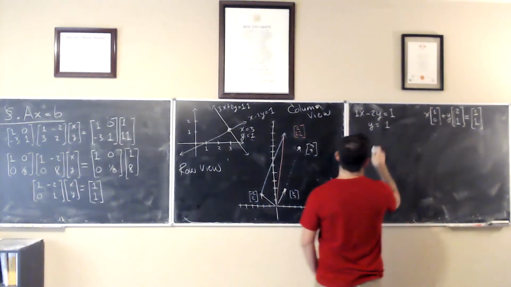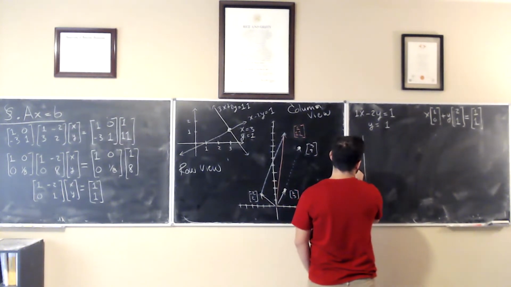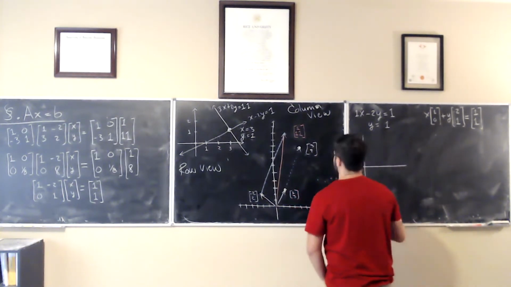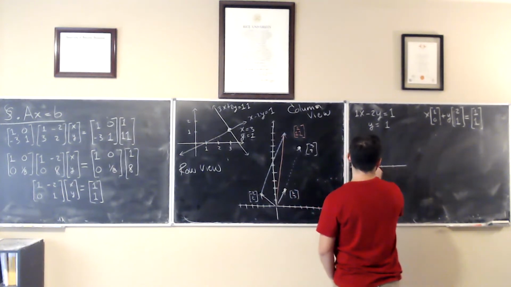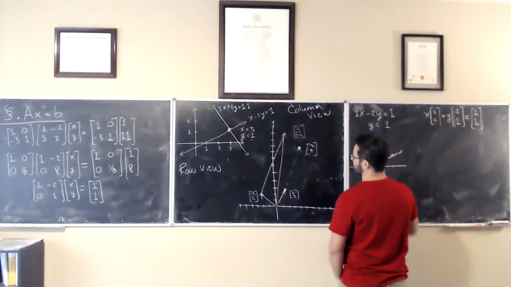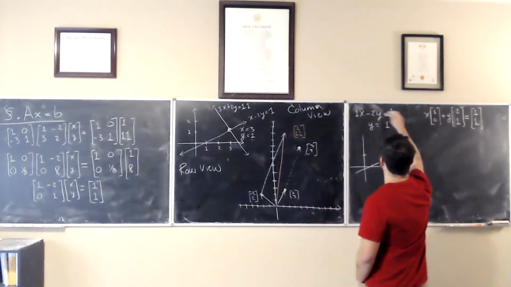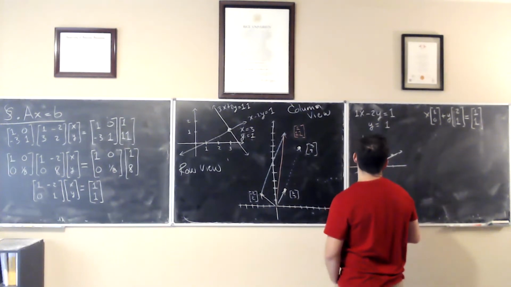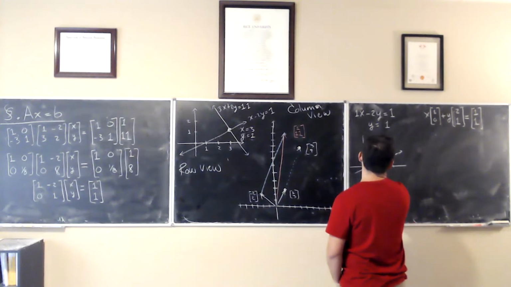All right, so luckily this one didn't change much. I can still draw it relatively easily. 1, 2, 3, 1. There it goes. There's that line there, and then y is equal to 1. That picture stayed the same.